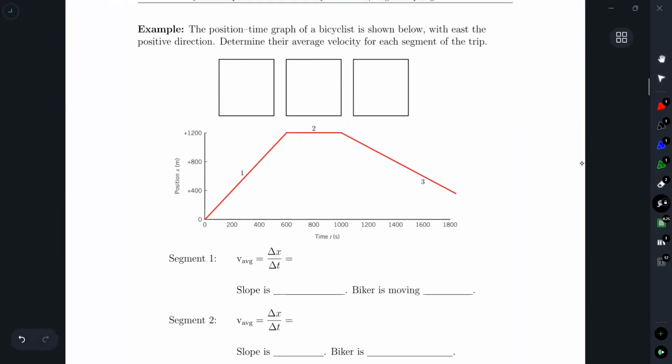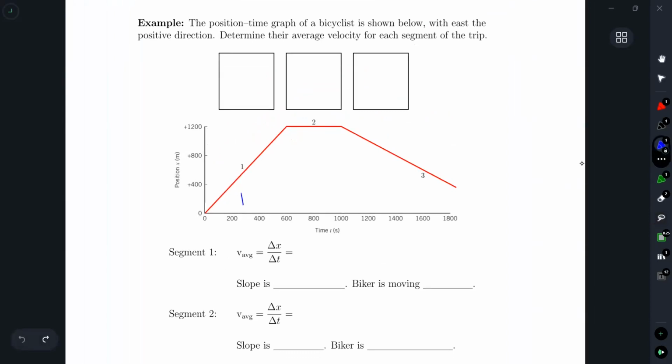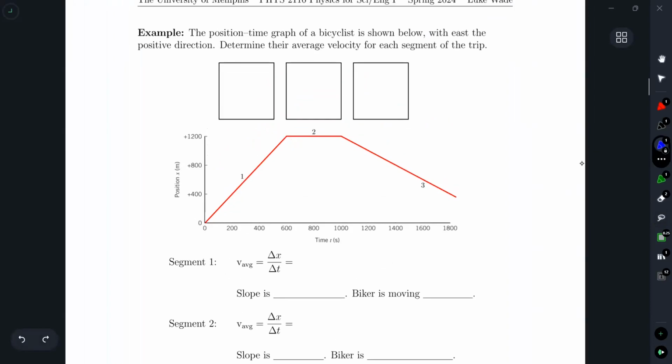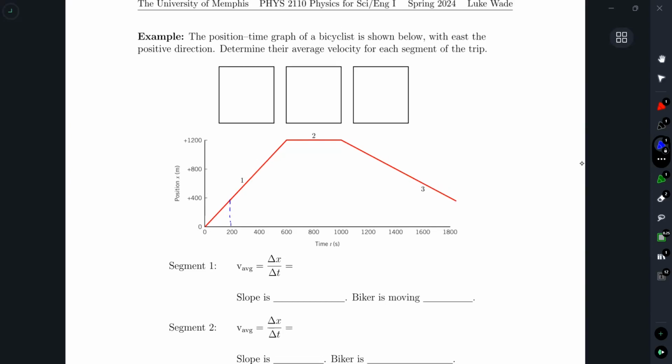So segment 1, we're talking about this part right here, somewhere along that line. So I need to find 2 points on that line that I can find the slope between. It looks like 200 and 400 line up, as do 400 and 800.